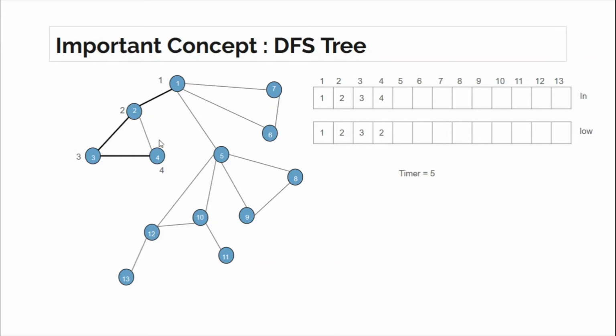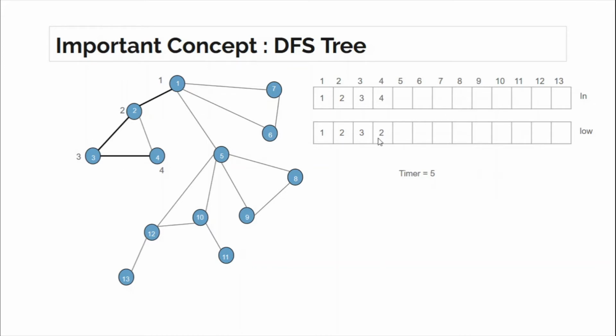So to confirm a node to be an articulation point, we check its in time and the low time of the node from which we have recently backtracked. Node 4 has a low time of 2, while the in time of node 3 is 3.